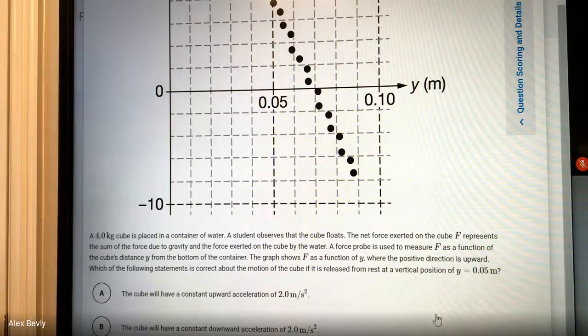A force probe is used to measure F as a function of the cube's distance y from the bottom of the container. The graph shows F as a function of y, where the positive direction is upward. Which of the following statements is correct about the motion of the cube if it is released from rest at a vertical position of y equals 0.05 meters?